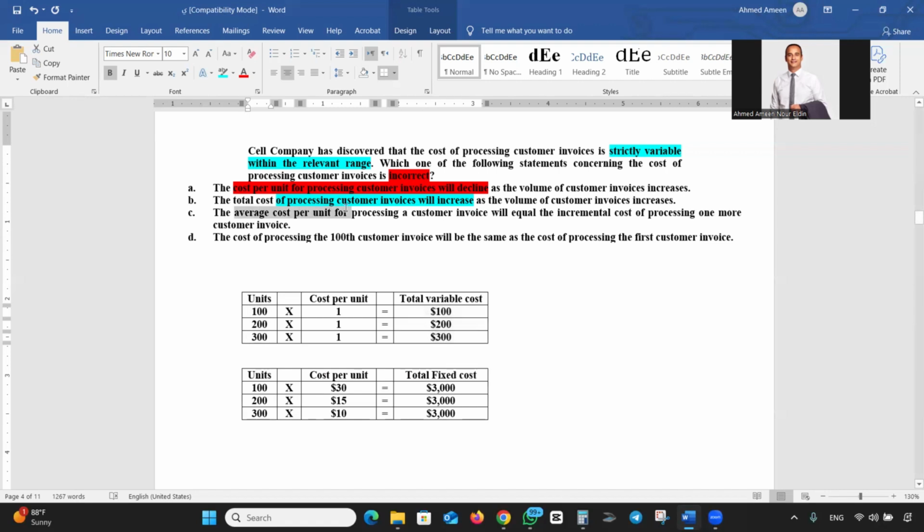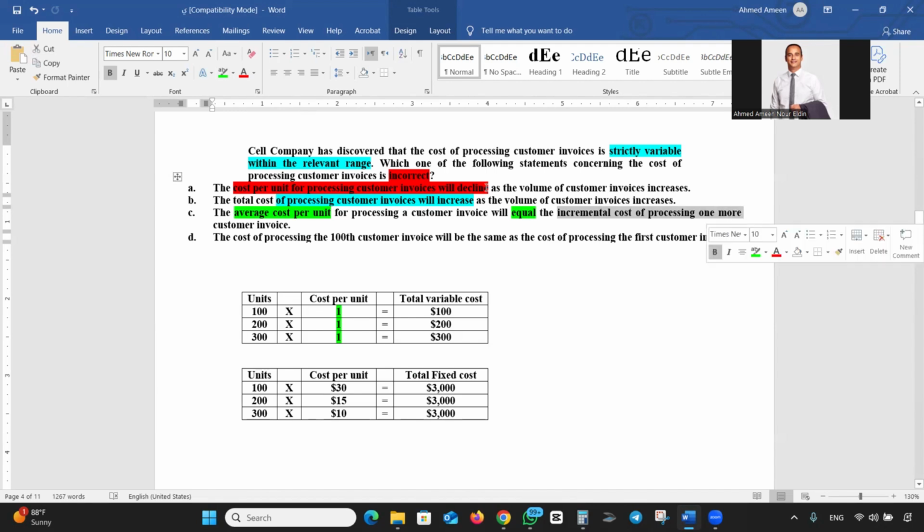C: the average cost per unit for processing a customer invoice will equal the incremental cost of processing one more invoice. What does it mean? Here is the average cost per unit: 1 plus 1 plus 1 divided by 3, which equals 1. Will it equal the incremental cost of processing one more invoice?